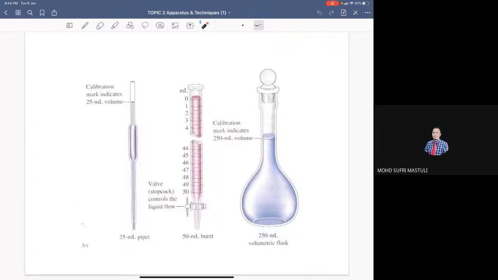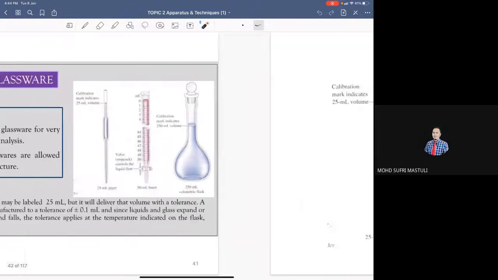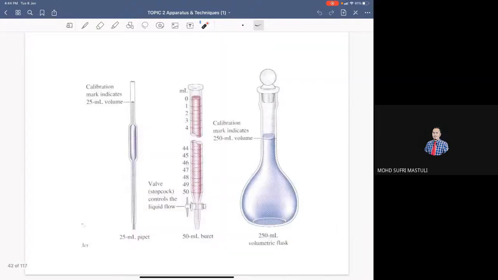This is the clear picture of this slide. I enlarge the picture so you can see it nicely: the calibration mark for the pipette and also the calibration mark for the volumetric flask.